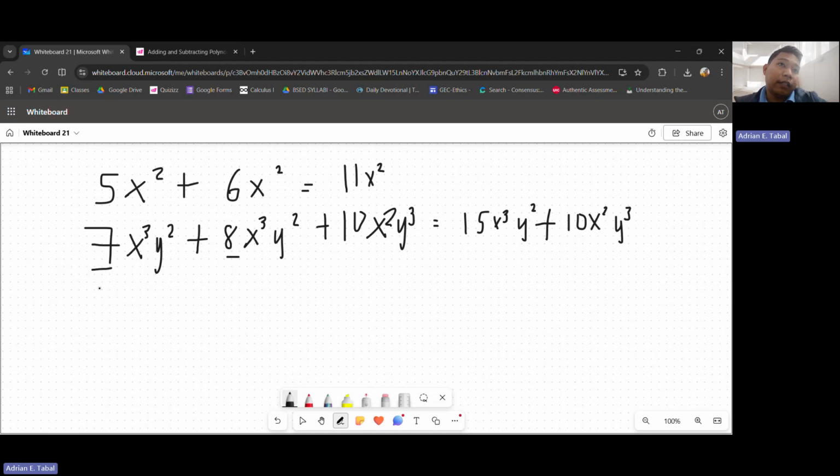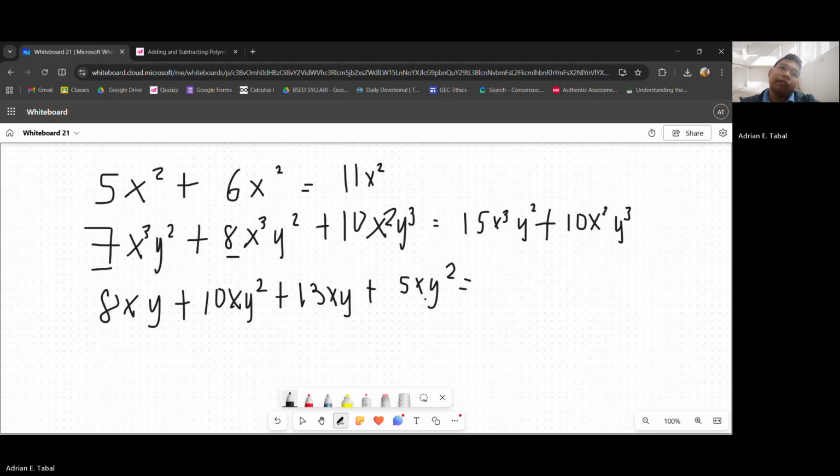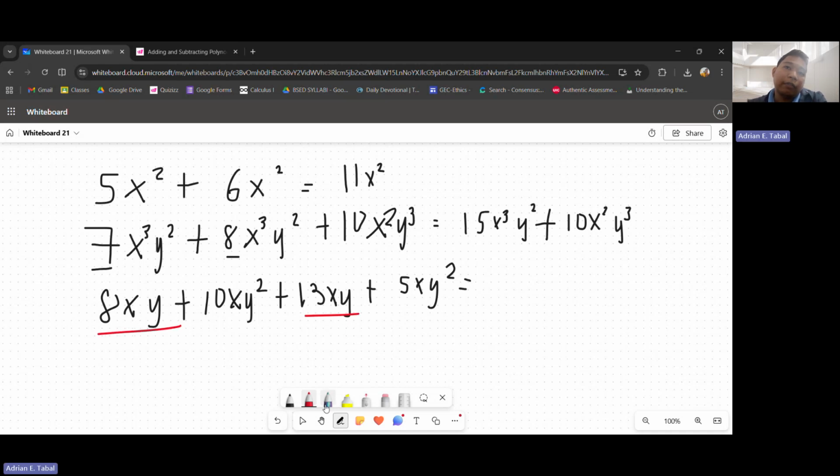Another example is that we have 8xy plus 10xy squared plus 13xy plus 5xy squared. By just looking at the expression, we can see that 8 and 13 are like terms, while 10xy squared and 5xy squared are like terms also.